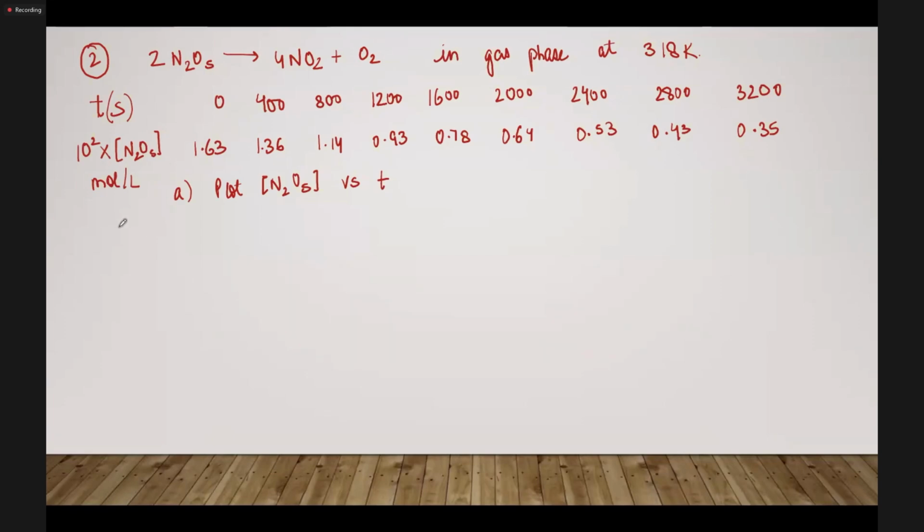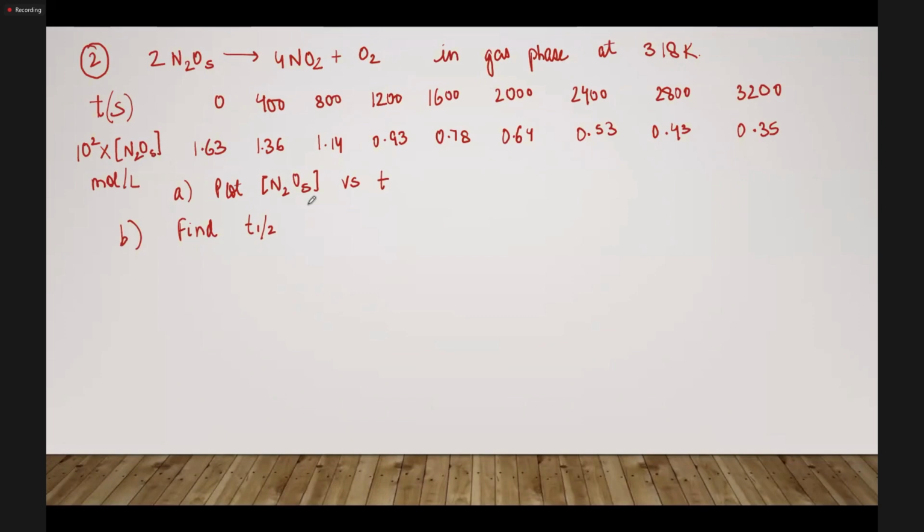Now they say find the half-life period for the reaction. Find half-life, because they have provided you with the data. ठीक है, तो you have to use data to find the half-life. अभी आपको यहाँ पे you don't have to use a formula, because you still do not know the order of the reaction.